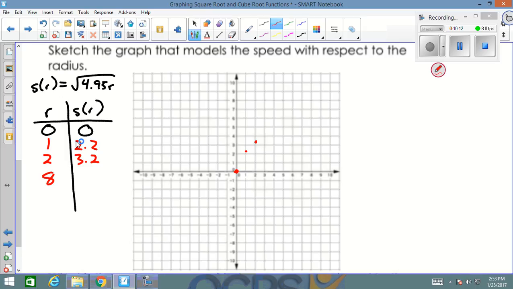Okay, so we're going to do 4.95 times 8. Take the square root. We get about 6.3. So at 8, we have a point about 6.3, which is about right there. And there is our function. So notice that 4.95 compressed it horizontally and stretched it vertically. Okay?